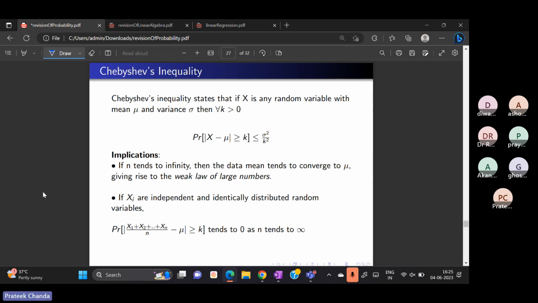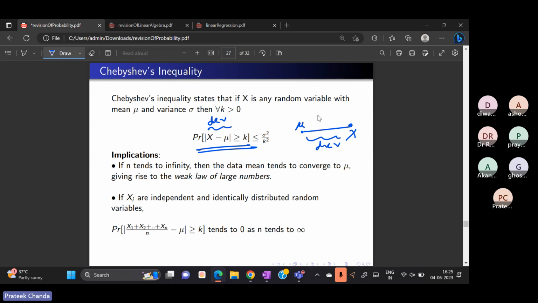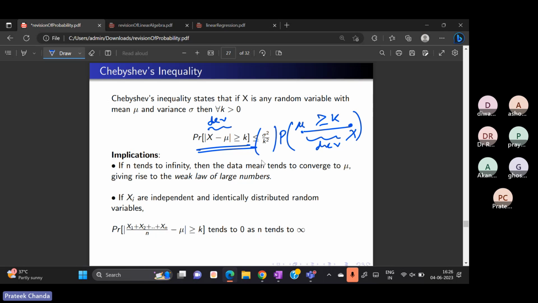So Chebyshev's inequality basically says the following. The probability that the deviation from the mean is greater than or equal to some k, where mu is my mean and x is a random variable, is upper bounded by some constant that depends upon k itself.